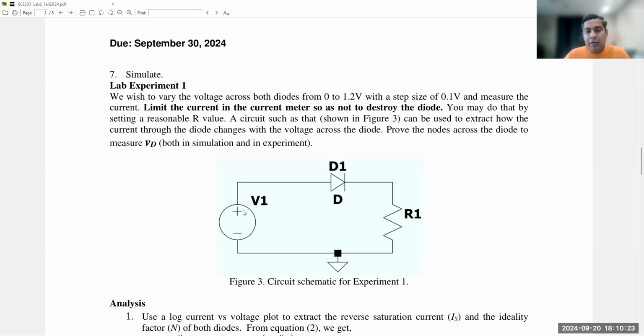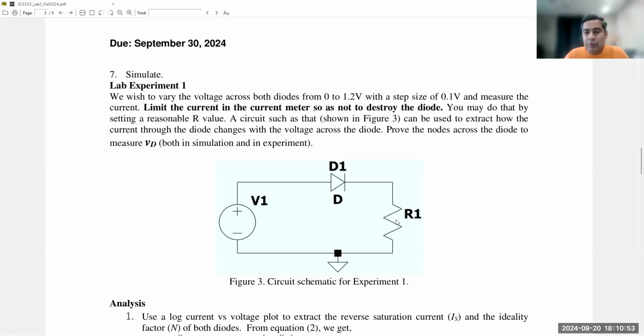And when you are actually designing the simulation test bench, make sure that the maximum current through this diode is not reaching more than 50% of that rated current in your datasheet. So, for example, if the datasheet says that the maximum forward bias current is 1 ampere, make sure that in your simulation and in your circuit, it never reaches more than 0.5 ampere or 500 milliampere.